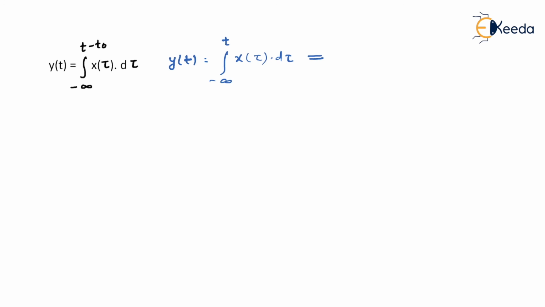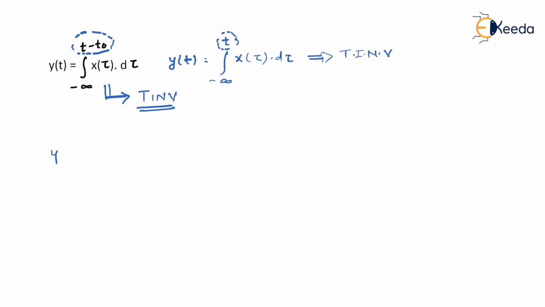The reason I declared it a time invariant system was by observing this upper limit t, right? Now you can observe the upper limit is t minus t naught. So what is done with the t variable? It is just a normal shifting. It is just delayed by t naught, and you know that shifting doesn't matter. In fact, it remains a time invariant system only. Again, we are not going to follow that huge procedure. In fact, I am going to declare over here it is a time invariant system.